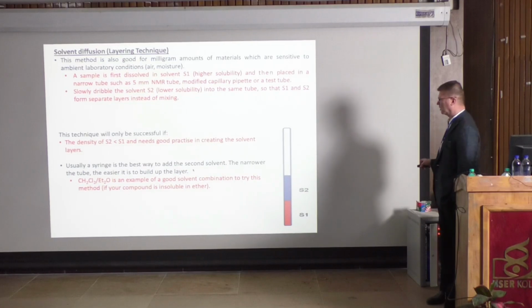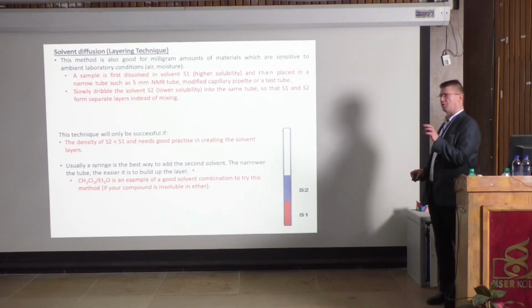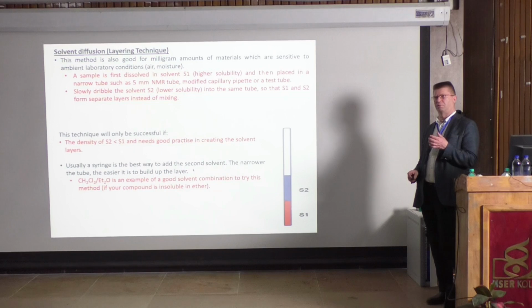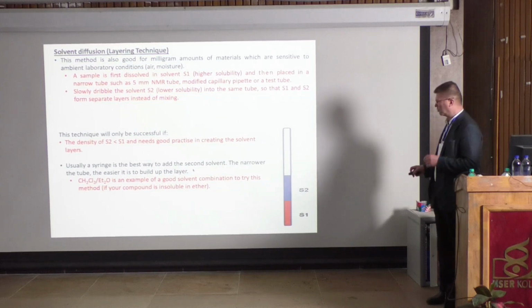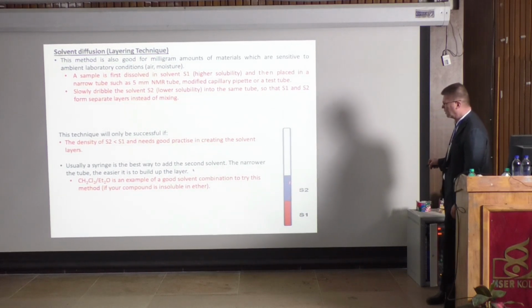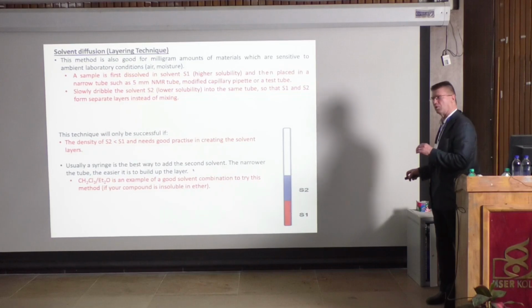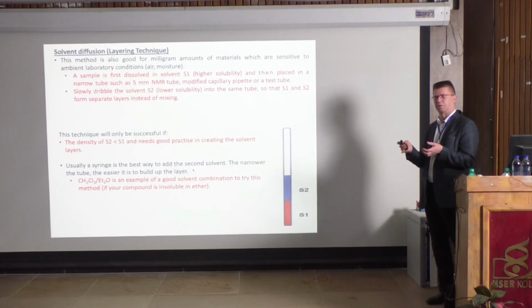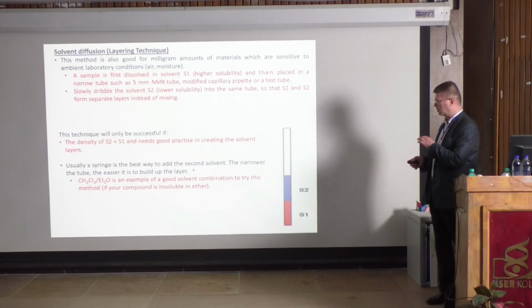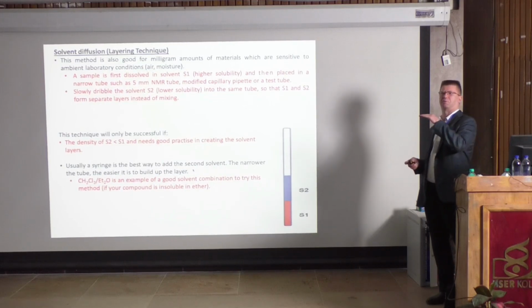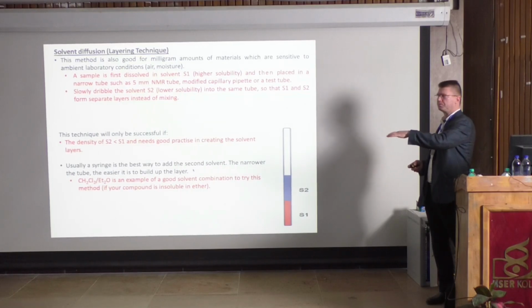But this requires a really skillful person, because you have to layer the solvent S2 very carefully on top. You should not mix it at all, because it will precipitate the compound. But it's a very nice technique, especially if you are not in a hurry and you can leave it for 1 month or 2 months in a nice place where there is no shaking.